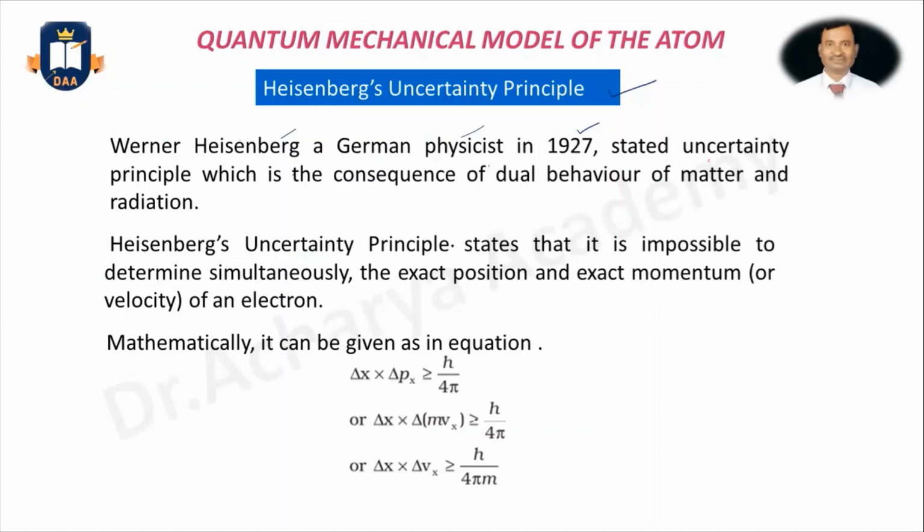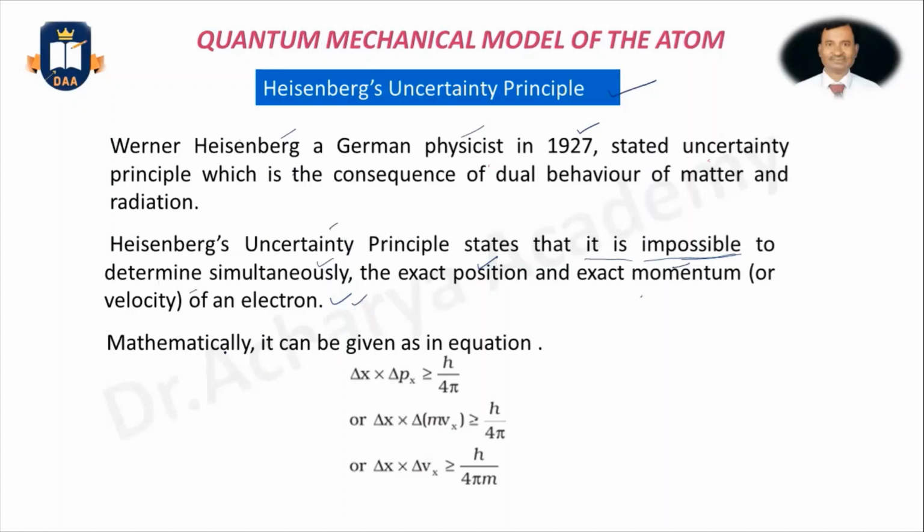The Heisenberg uncertainty principle states that it is impossible, we have to remember this word, impossible, to determine simultaneously the exact position and exact momentum or velocity of an electron. That means it is not possible to determine at one time the exact position and exact momentum of an electron or subatomic particle.